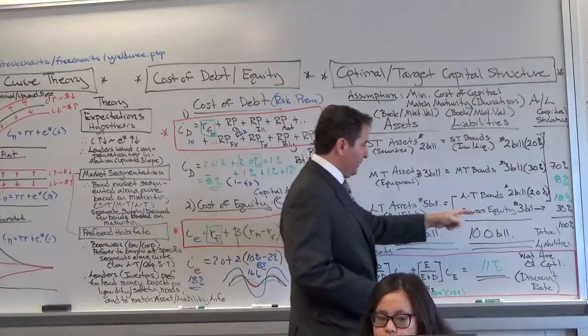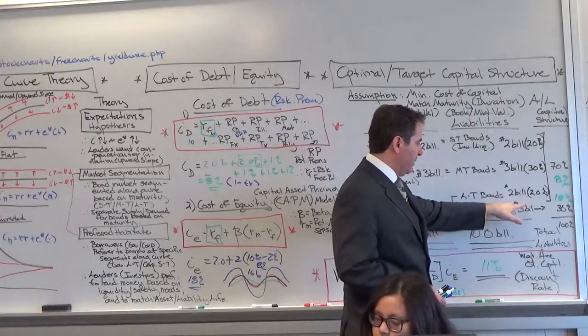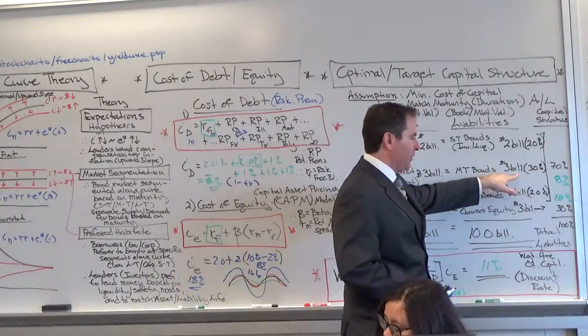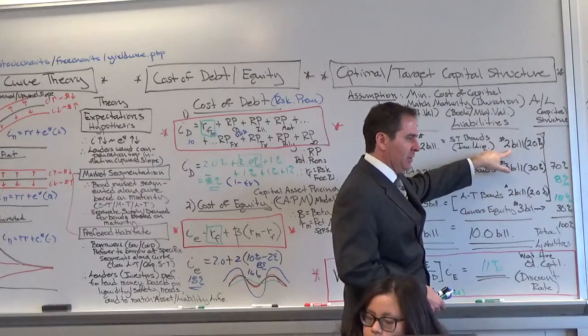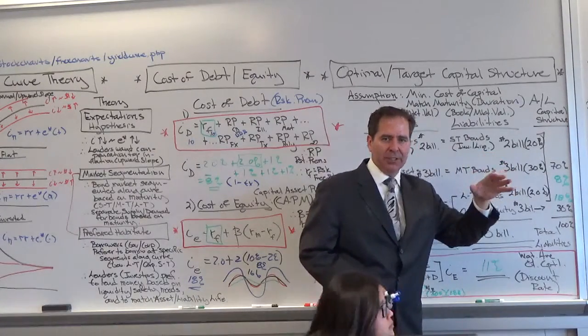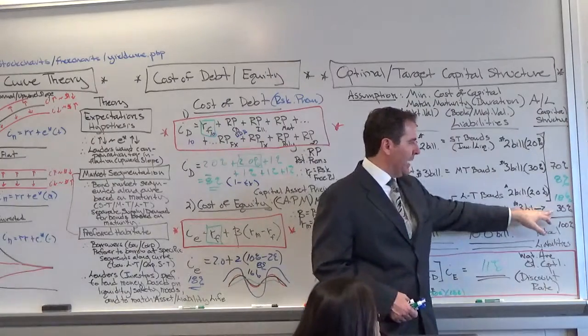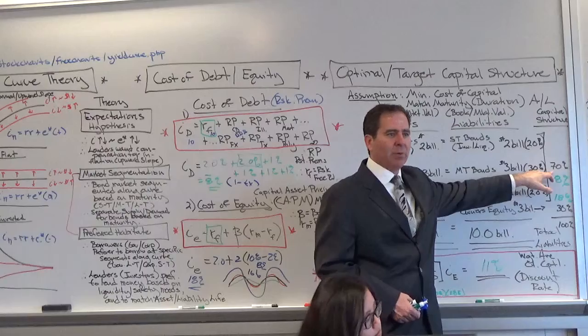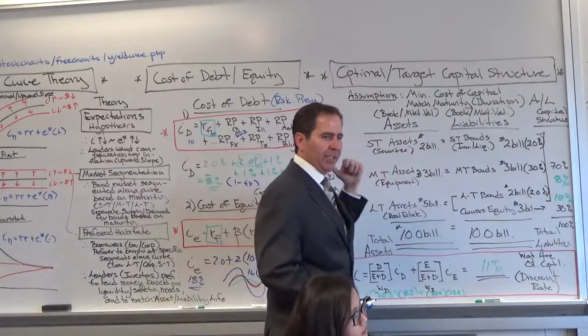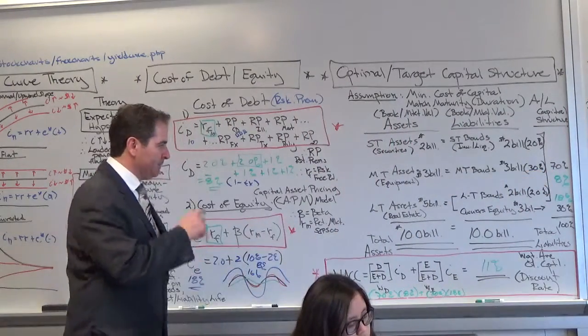We have $3 billion in owner's equity, $2 billion in long-term bonds, $3 billion in medium-term bonds, and $2 billion in short-term bonds. So our capital structure is 30% equity, 70% debt. That's how we're leveraging, and that's how we're financing the assets.